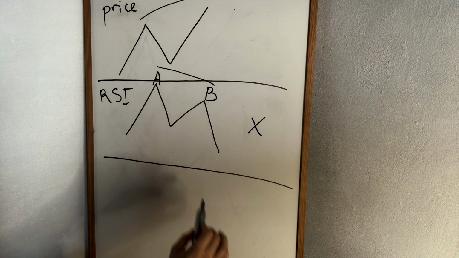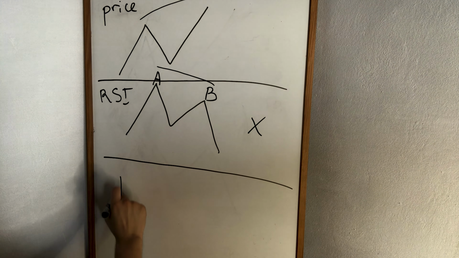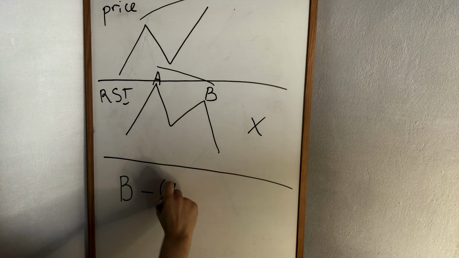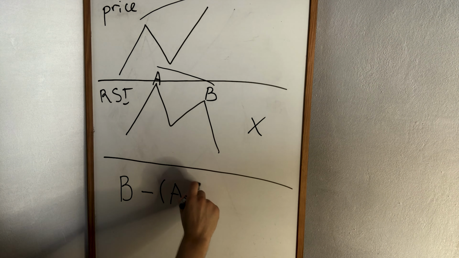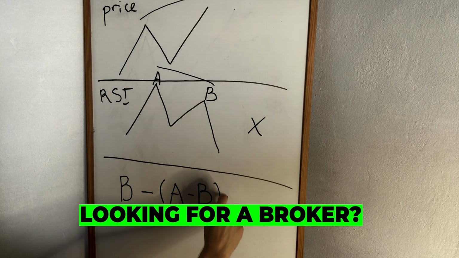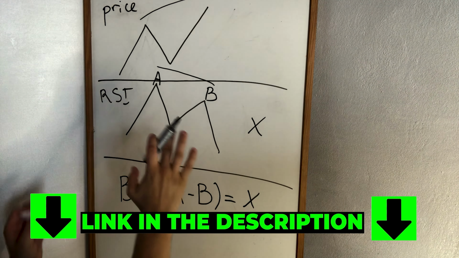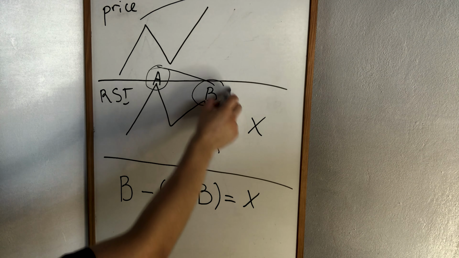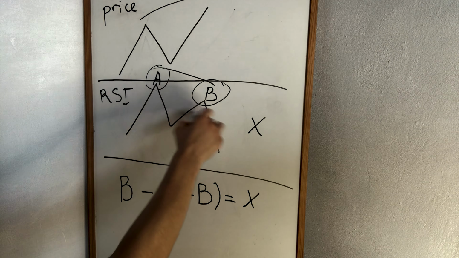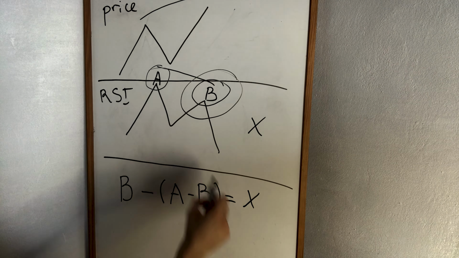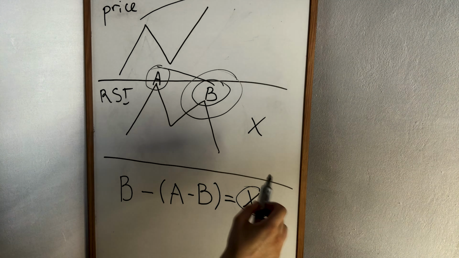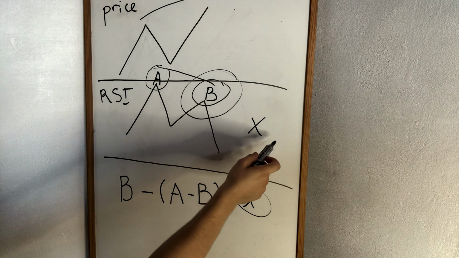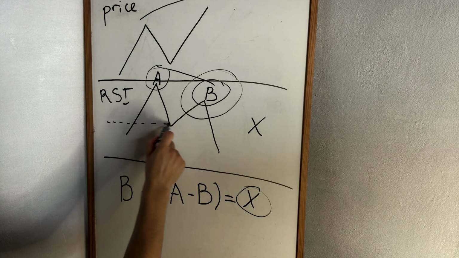So the formula would look like this: B minus bracket A minus B bracket straight X, or in other words, this high from the RSI minus this high, and the straight minus B makes X. When we have an X, for example when X is 50, the 50 is right here.